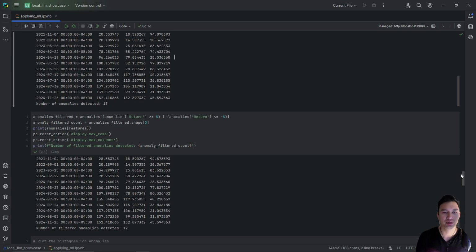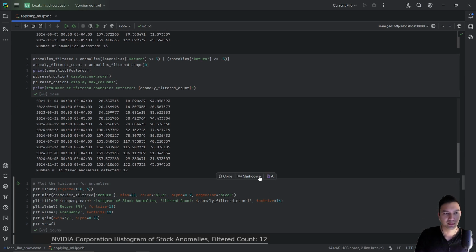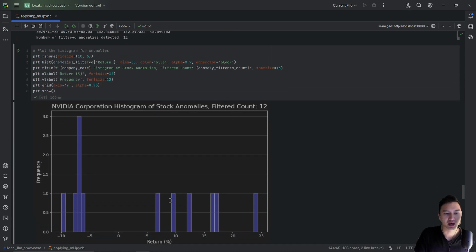It's not trying to do anything crazy like prediction, so you don't need to split the training data, right? But on the XGB, I'll probably try to do that. Really, in my next video, I'm just going to try to identify some technical indicators that might be statistically significant. But yeah, let's plot the histogram of the stock anomalies.